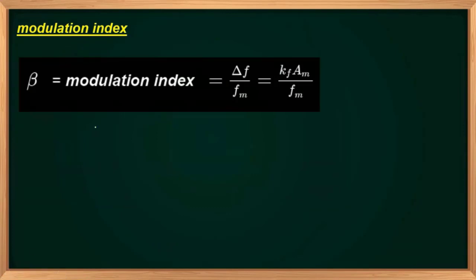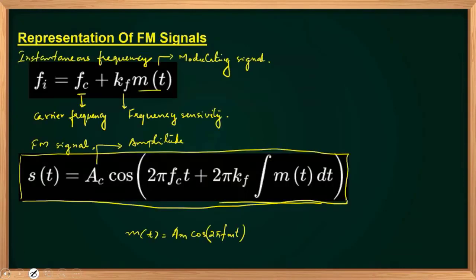Next, modulation index. Beta denotes the modulation index. The integral term will be obtained when we take the instantaneous phase. Actually, you don't require all the derivations, that is why I'm skipping the mathematical derivation.